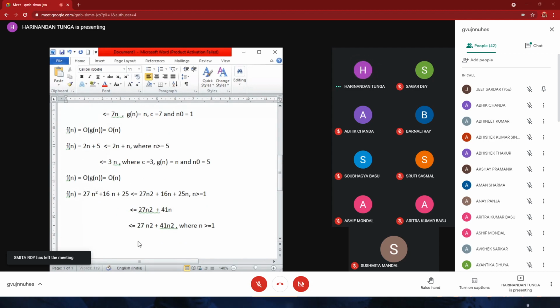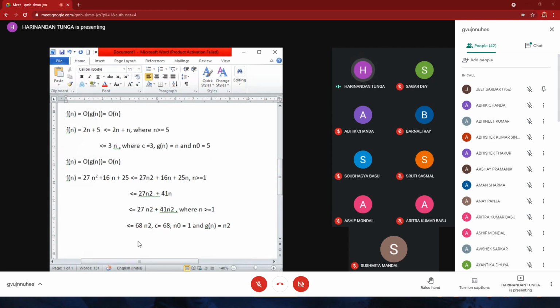After that, less than equal to, এবার তো সবাই তোমরা করতে পারবে, that is equal to 68n square, where এখানে c কত না, that is c equal to 68 and n0 minimum threshold is equal to 1 and gn equal to n square.